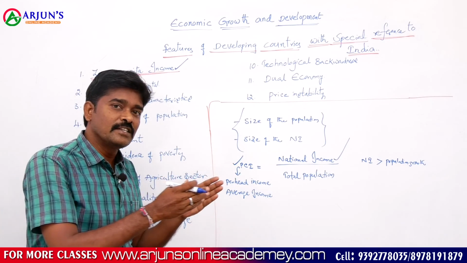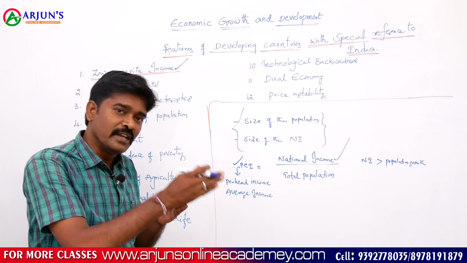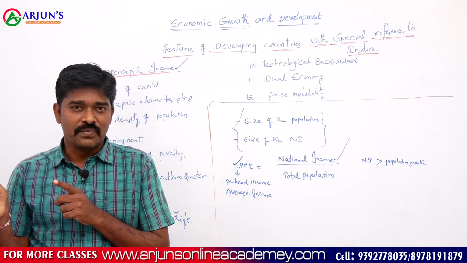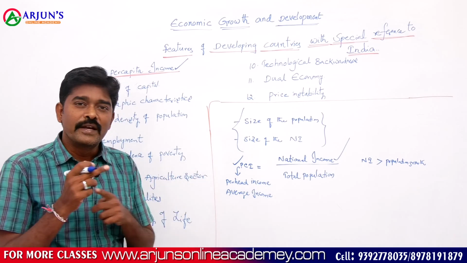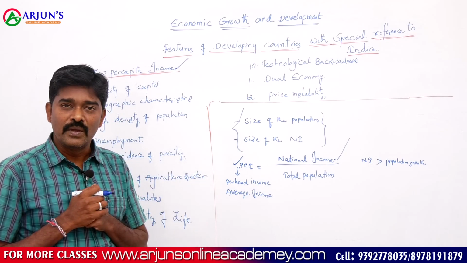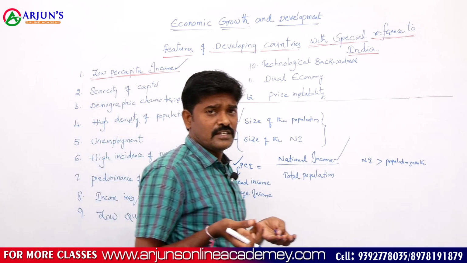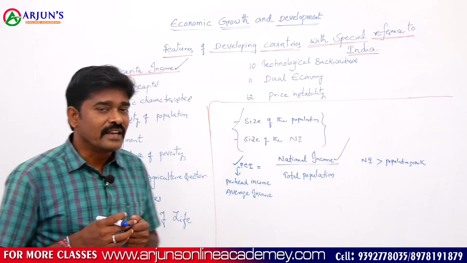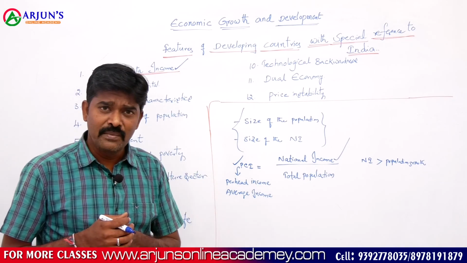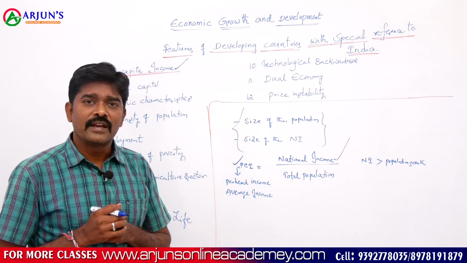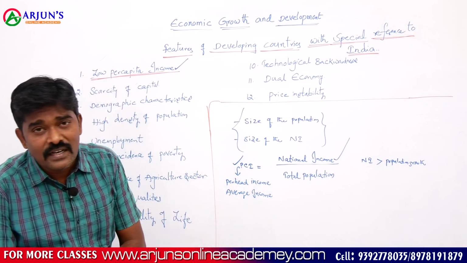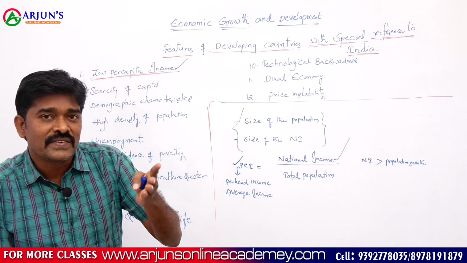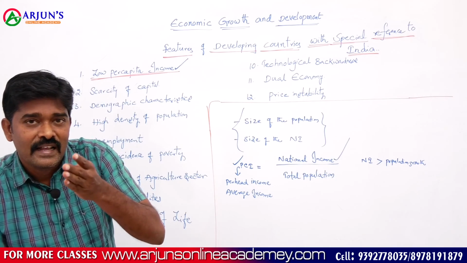The increasing saving ratio to the GDP leads to capital formation and investment, and at the same time a better quality of life. As income increases, people can satisfy their minimum needs by spending money.